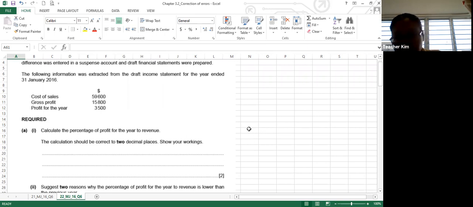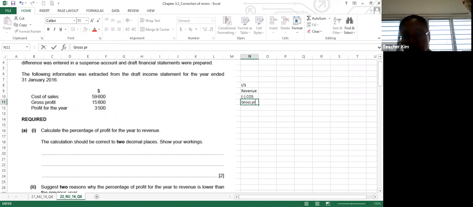So here we just take this amount, whatever we have, and do the simple income statement. What is the income statement that we have? Start from the revenue, less cost of sales, get the gross profit, and then we minus the expenses. This is a simple account for the income statement, giving profit for the year.